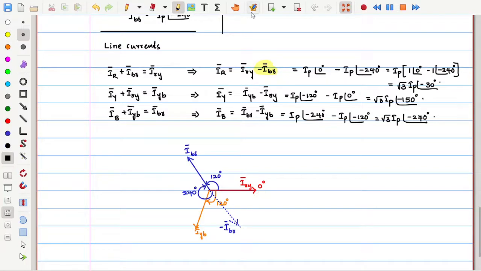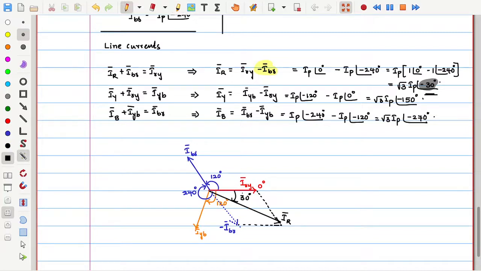Draw the parallelogram, taking one more line parallel to IRY, and the diagonal gives the line current, which is IR. How much is the angle of this? Minus 30 degrees. Observe carefully, that's why I am getting this in the downward direction.